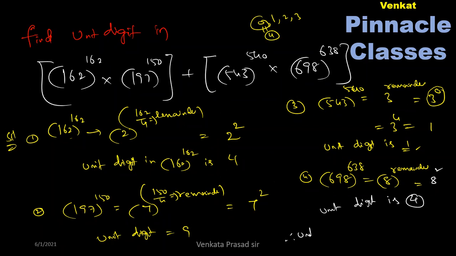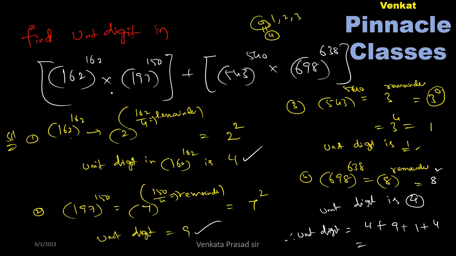Now the conclusion. Finally, what is the unit digit? The unit digits are 4, 9, 1 and 4.